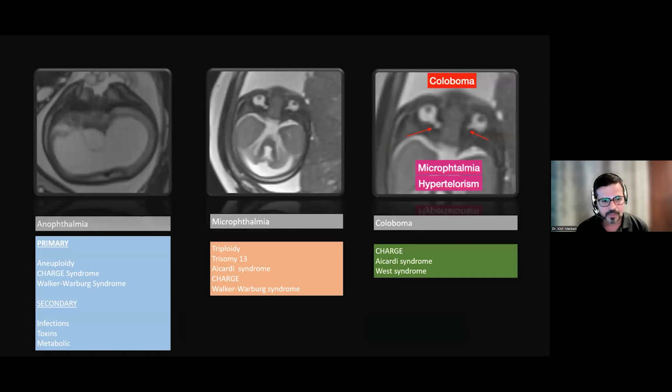At its basis, if there are just rudimentary structures or even a frankly anophthalmic state, the question is whether it is a primary or a secondary phenomenon. Small eyes associated with other abnormalities like colobomas, for instance, drive you down other lists of differentials. Once you start putting syndromes into your thinking, you start looking for the associated findings in the brain.